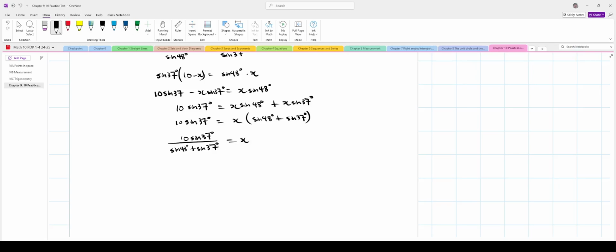And let's put that into a calculator. For this one, we're going back to degrees mode because the question already gave you the angles in degrees. So I got x is approximately 4.47.